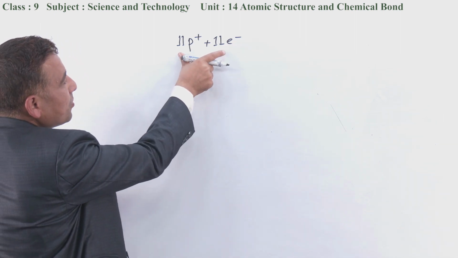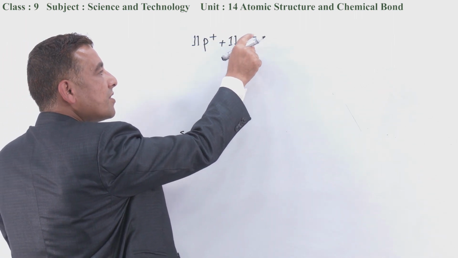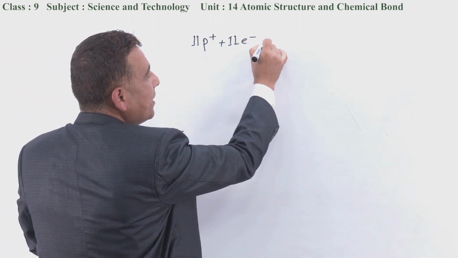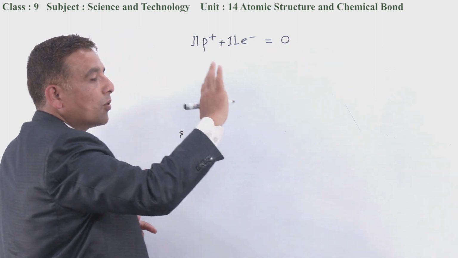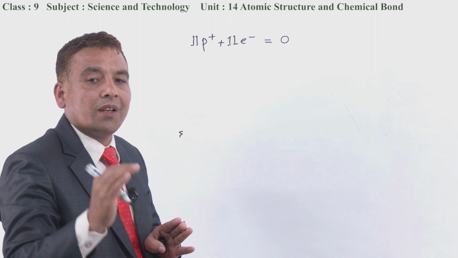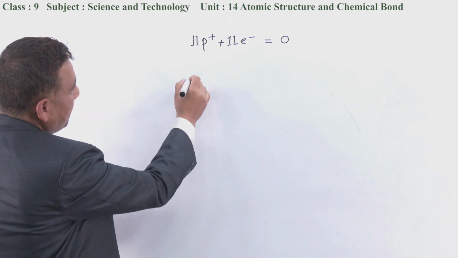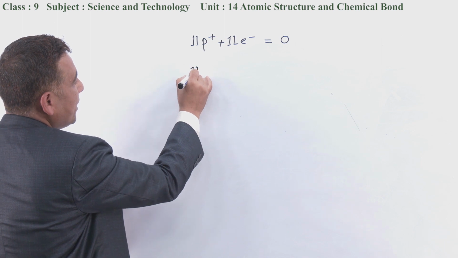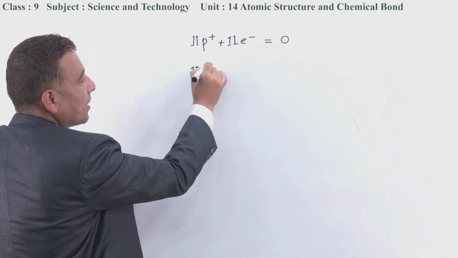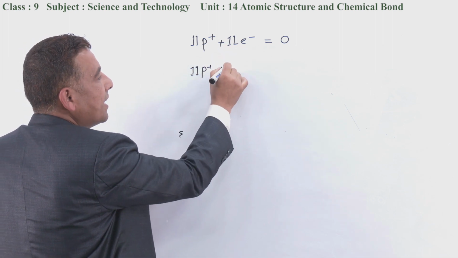If you sum them up, electrically it is neutral, because there won't be any surplus or residual charge: 11 plus and 11 minus means 0. But if sodium metal loses one electron, then obviously there will be 10 electrons.